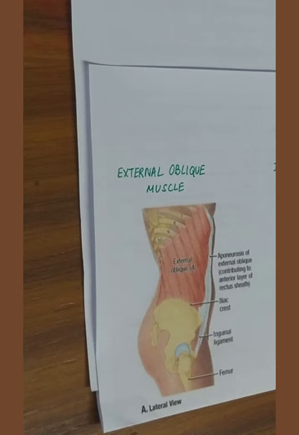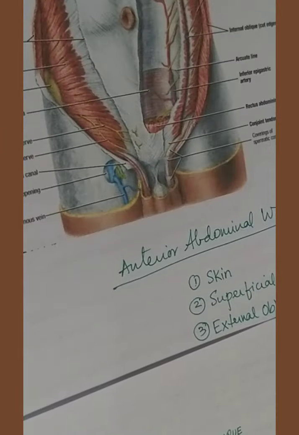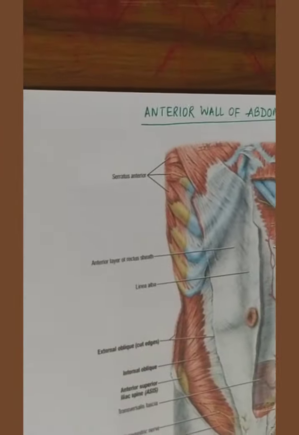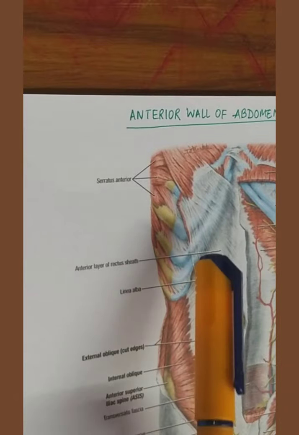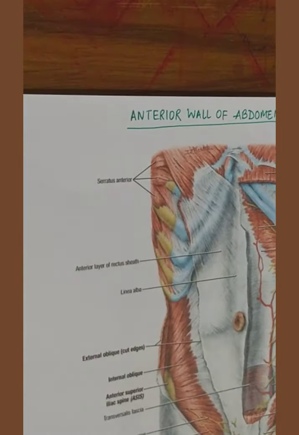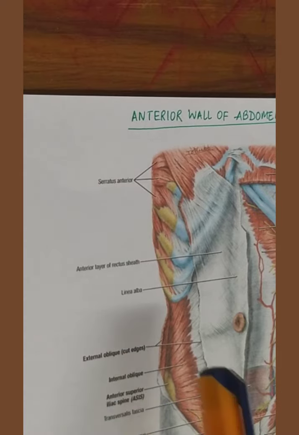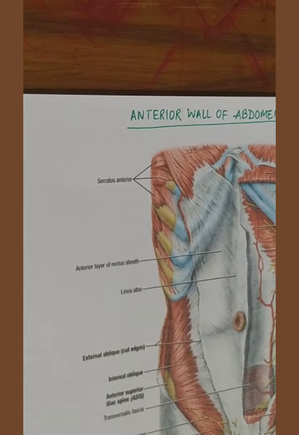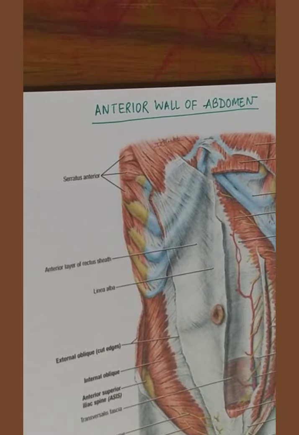The upper 4 slips interdigitate with the serratus anterior, and the lower 4 slips interdigitate with the latissimus dorsi.